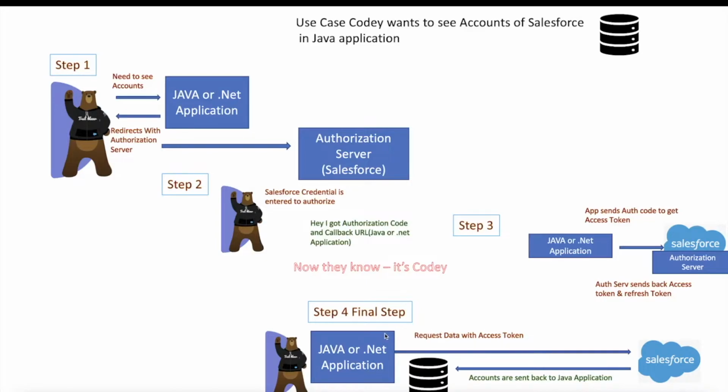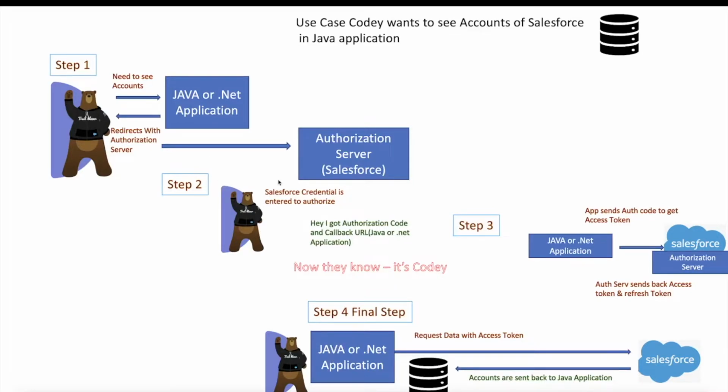Once the access token and refresh token have been given to the application, it will send another request with the access token to get data back. Here the accounts are sent back to the Java application, and then those accounts can be shown to Cody.